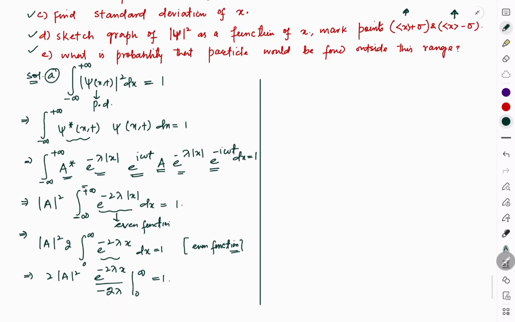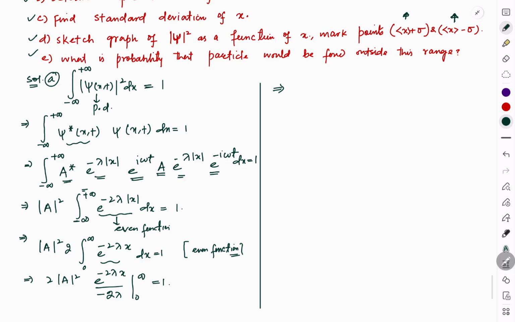So let me move to the right, which implies twice |A|². This 2 will go with this 2, so there remains only minus |A|² divided by λ, and e to the power minus infinity minus e to the power 0 equals 1, which implies minus |A|² divided by λ times (0 minus 1) equals 1.